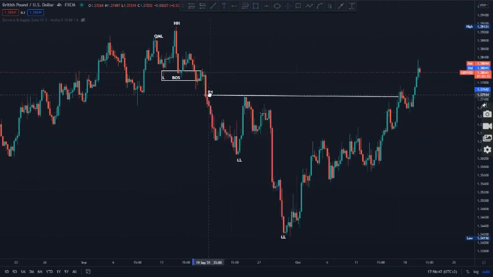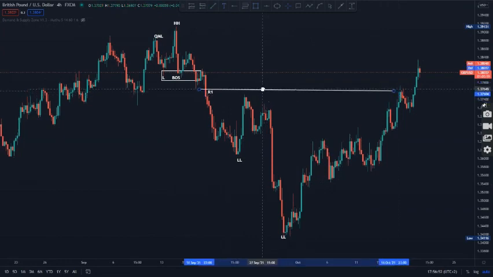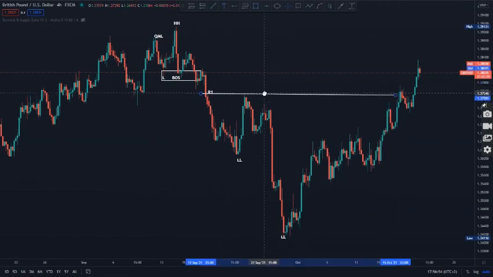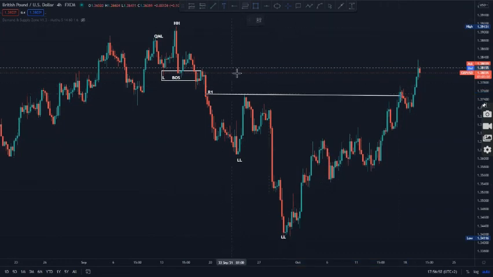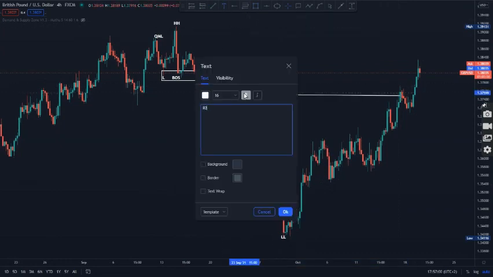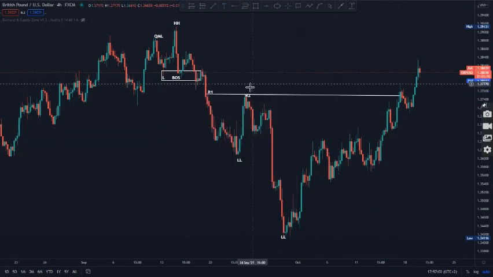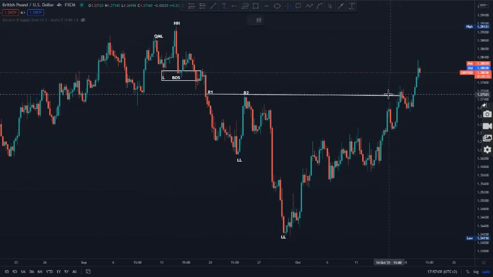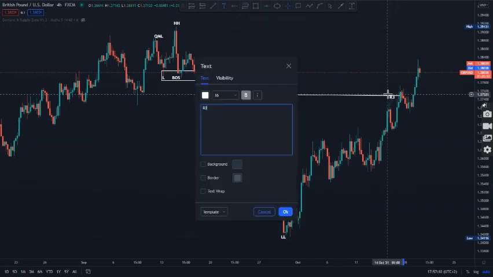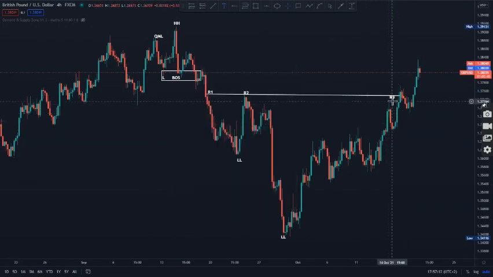There are actually a lot of levels here, you can also use this one, but for this purpose we'll use this one here. So that will be my R1. This will be my R2, and my R3 was somewhere here. Then price eventually pushed to the upside.